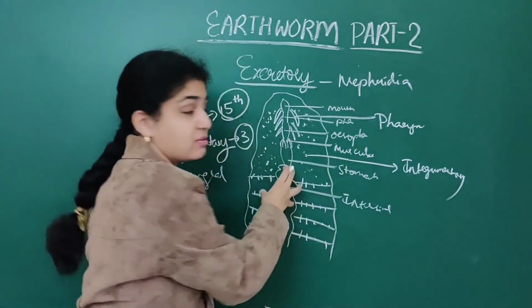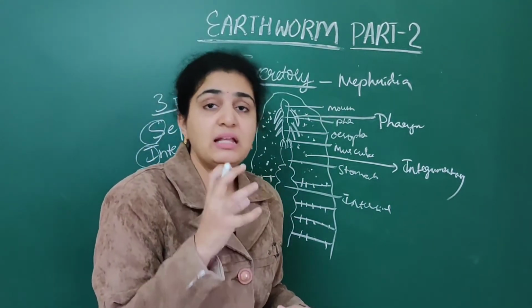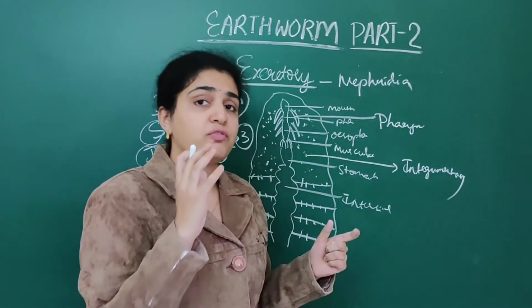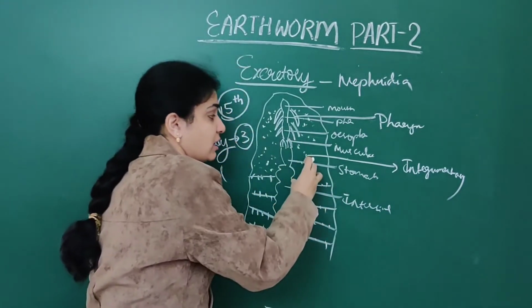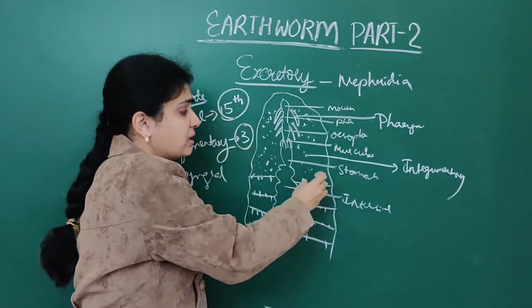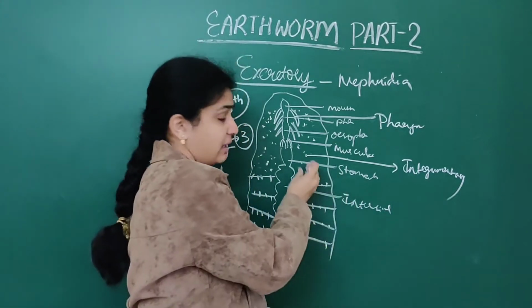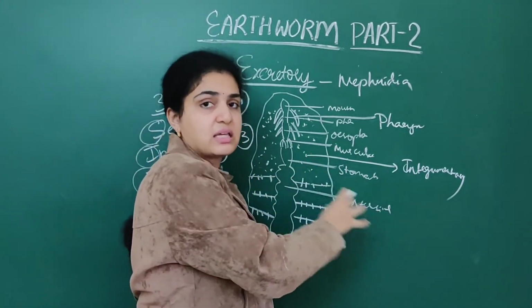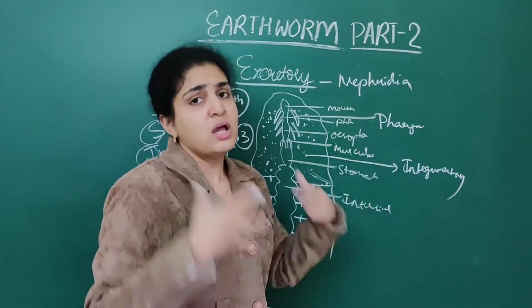The innermost layer of the earthworm is the coelomic epithelium. So from the innermost coelomic epithelium, all the undigested food particles will come and collect in these pores and are excreted out through these pores.